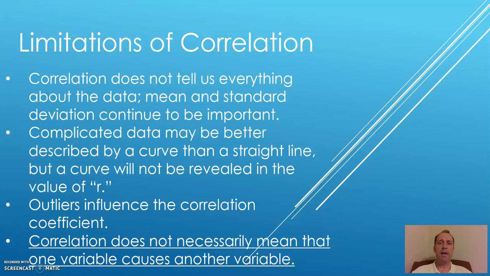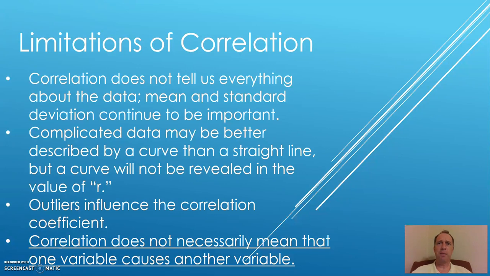I think in the wide world outside of statistics, a lot of people think a lot about the term correlation. It's used a lot in our common vocabulary, but really there's a lot to statistics that help us explain data that is outside of correlation. It's important to remember how much outliers influence the correlation coefficient.